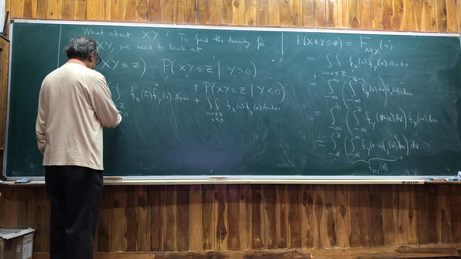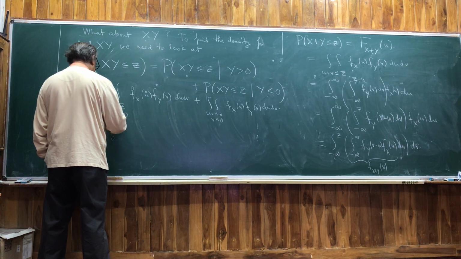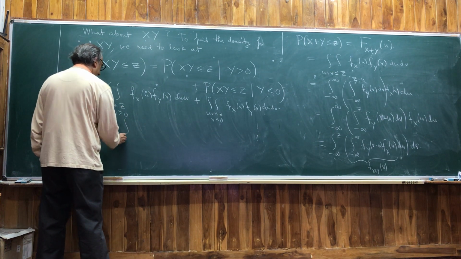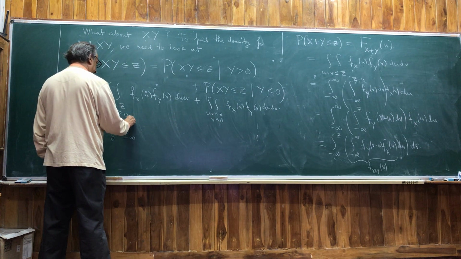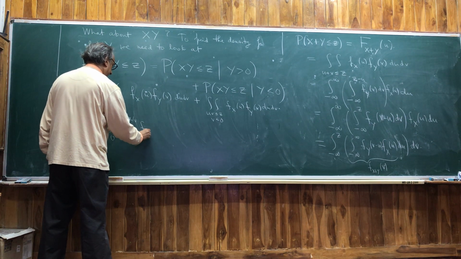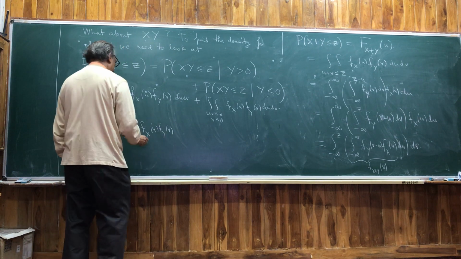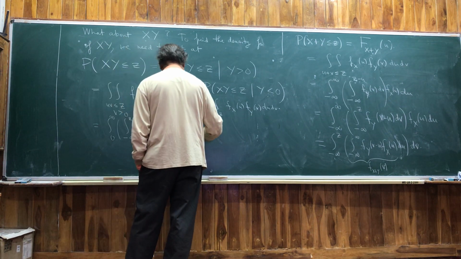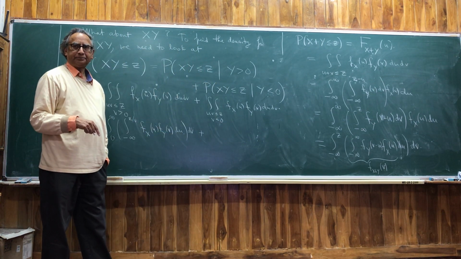Now in this case, v is positive. So v is going from 0 to infinity, and u is going from minus infinity to z over v. And then here, in the second integral, v is negative.